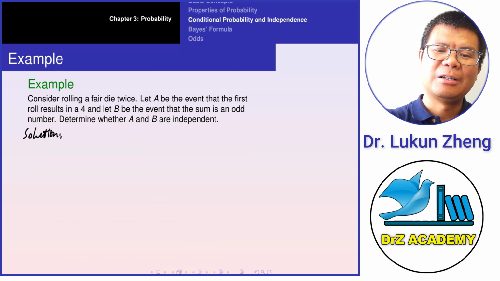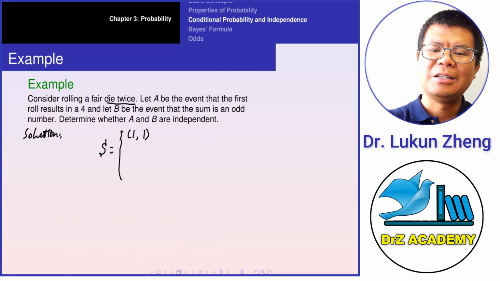We roll a fair die twice, so it's going to be 1,1 and 1,2, up to 1,6. Then 2,1, 2,2, up to 2,6.